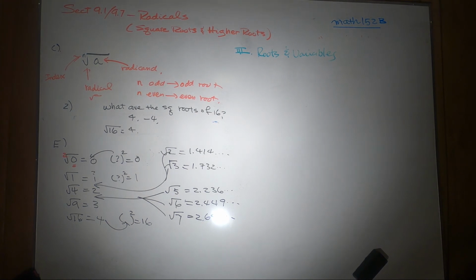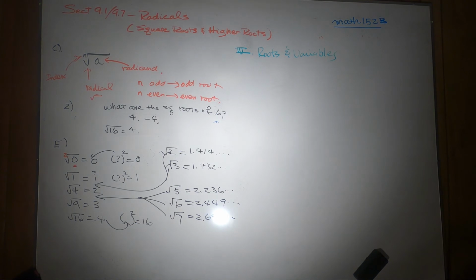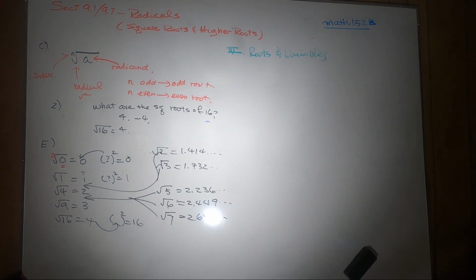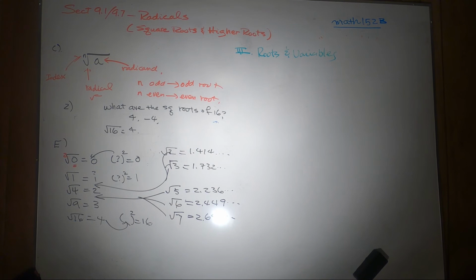So radicals are what? The opposite of the exponents. Cube root means opposite of the cube. Square root means what? The opposite of the squares. Okay? Then we will apply the same thing for the variables as well.